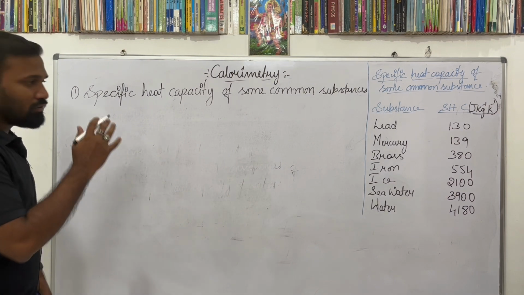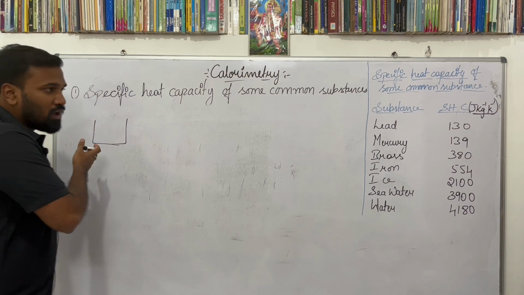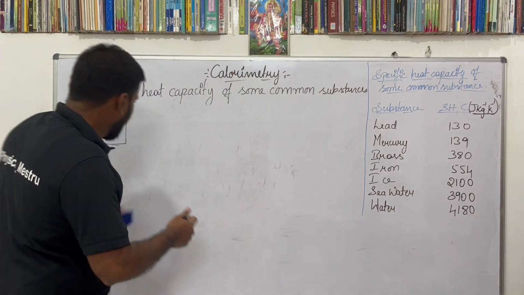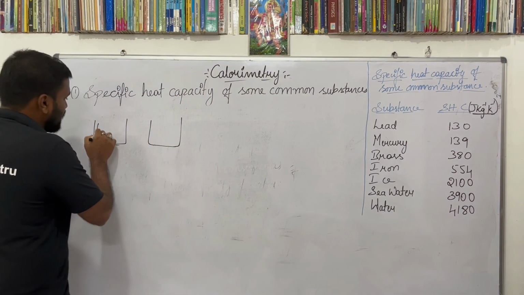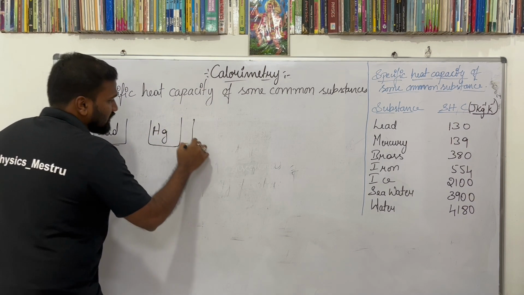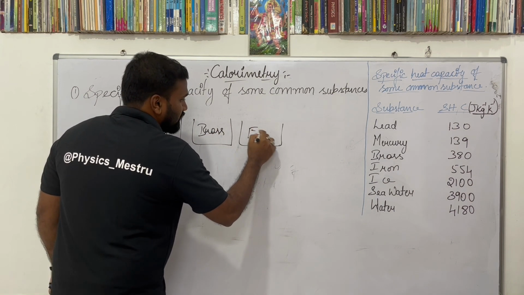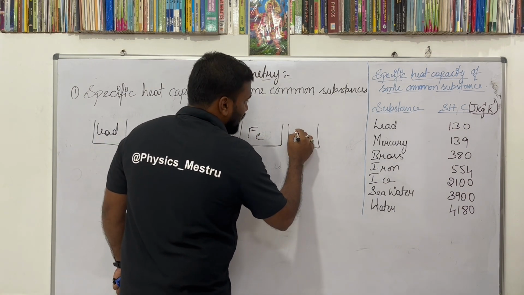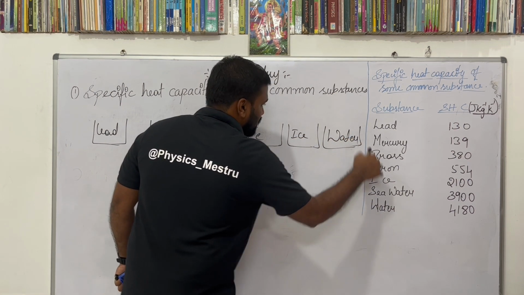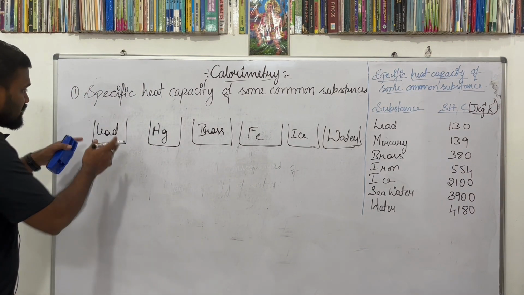What are all the materials that we have? To understand that, let us take all these materials in a beaker. The first one is lead, the second is mercury, Hg, the third is brass, the fourth is iron, the fifth is ice, and the last one I will take is water, not sea water, just water.